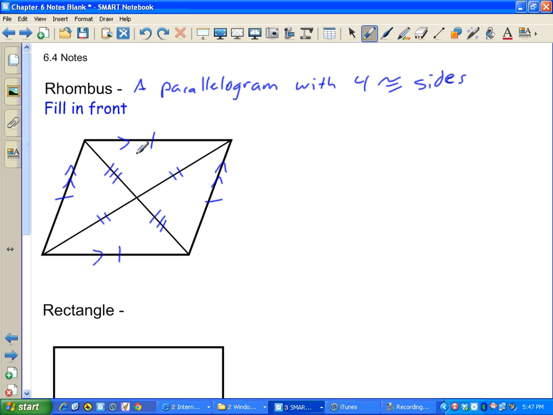Okay, so what I'm going to be able to get here, okay, I'm going to have these vertical angles. And I'm going to have these vertical angles.